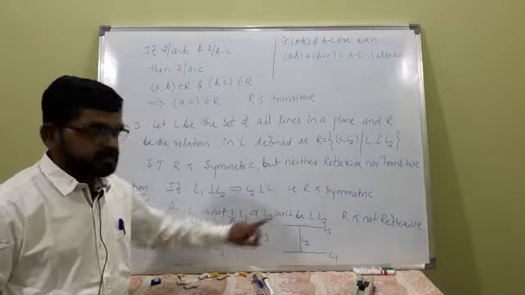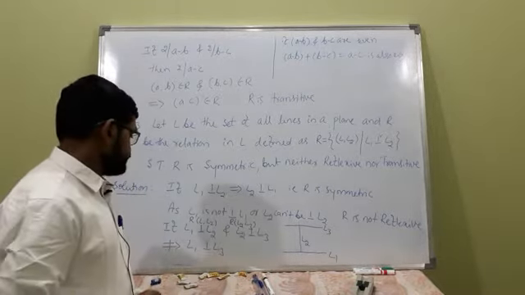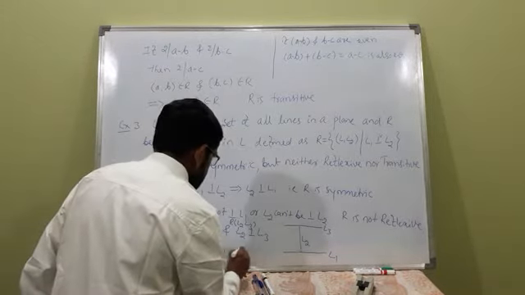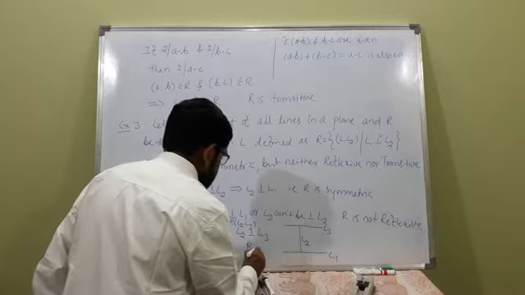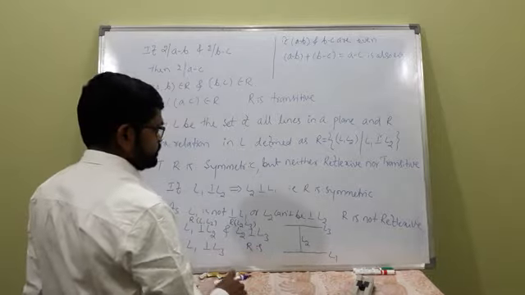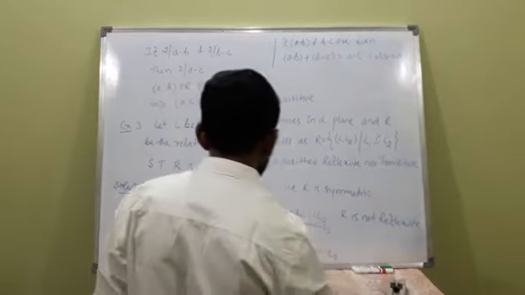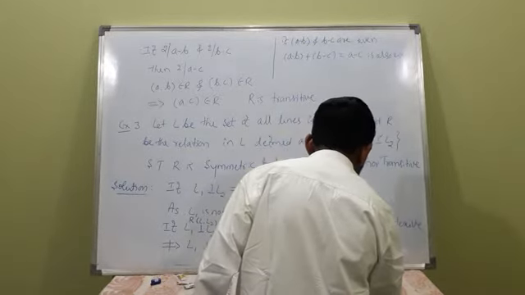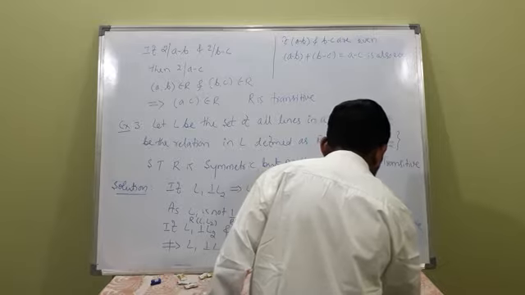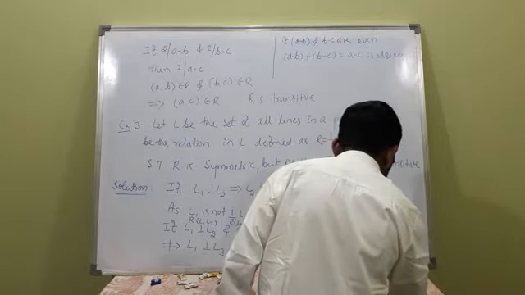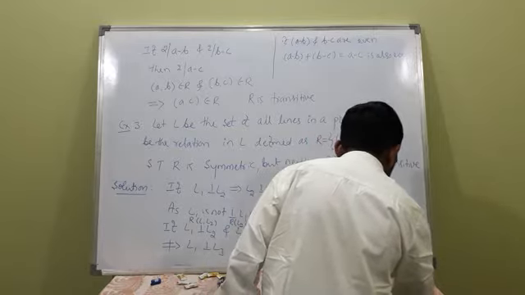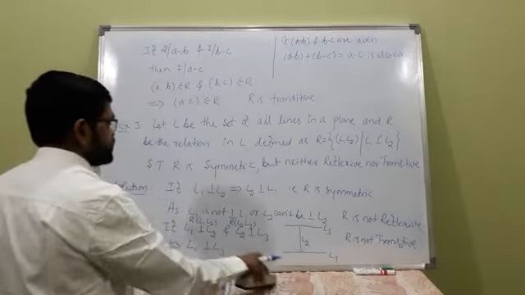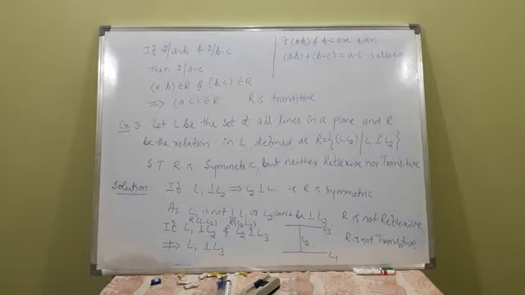L1 and L3 cannot be perpendicular to each other. So R is not transitive. Okay, you take that.